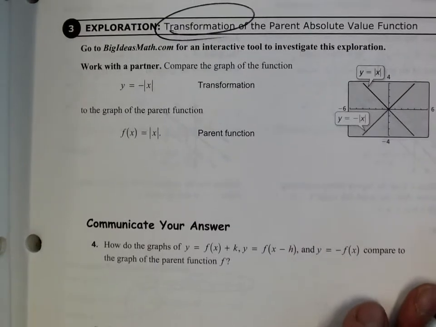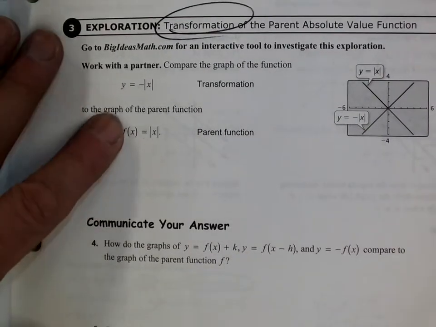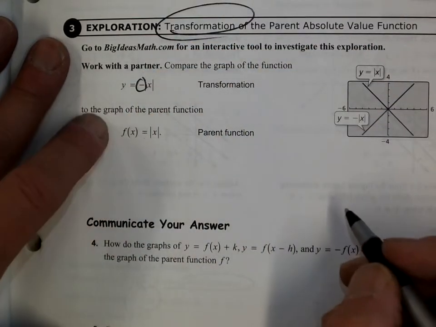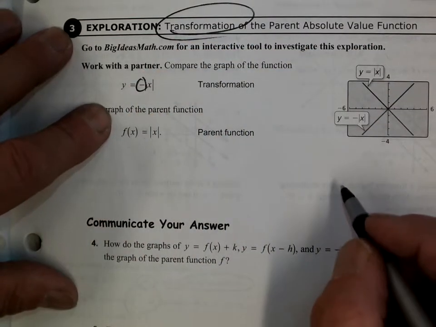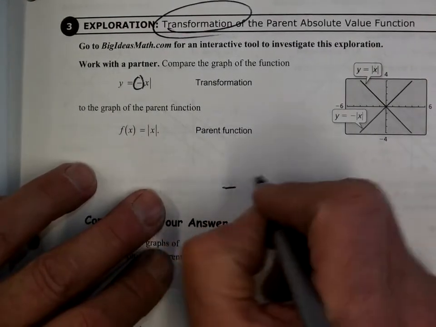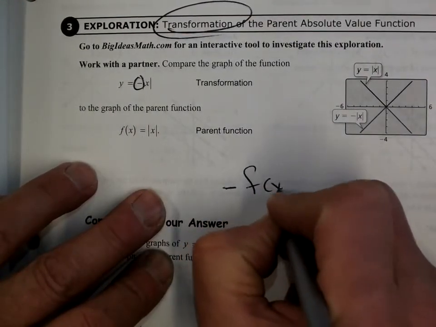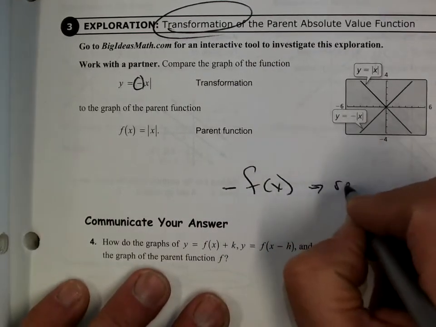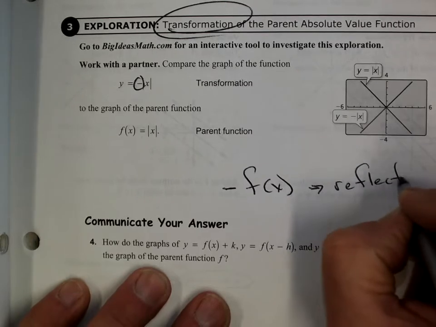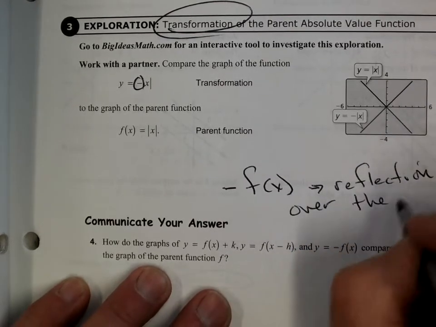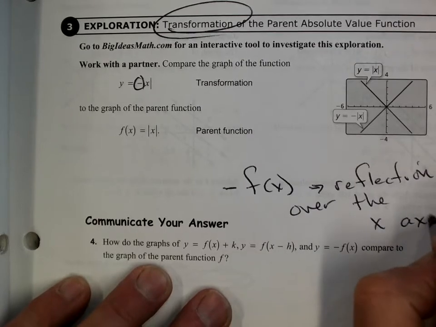So if we take a look on page 29 and we get a negative in front, then what happens is that it makes it upside down. So if you have a negative f of x, then it is going to be a reflection over the x-axis, okay?